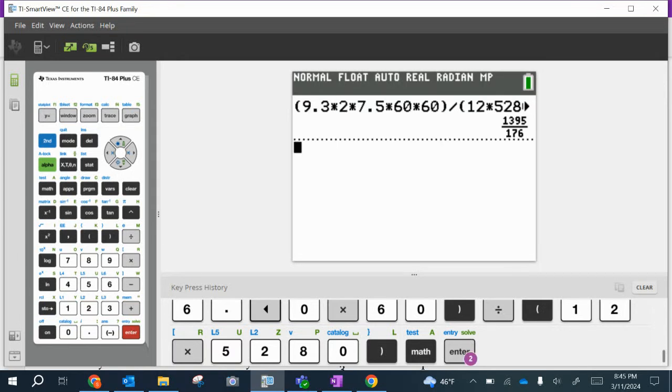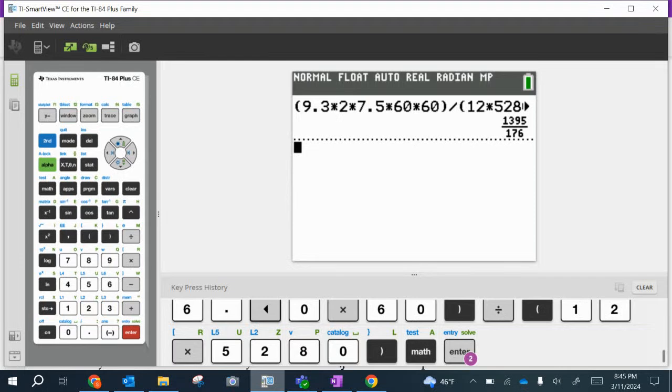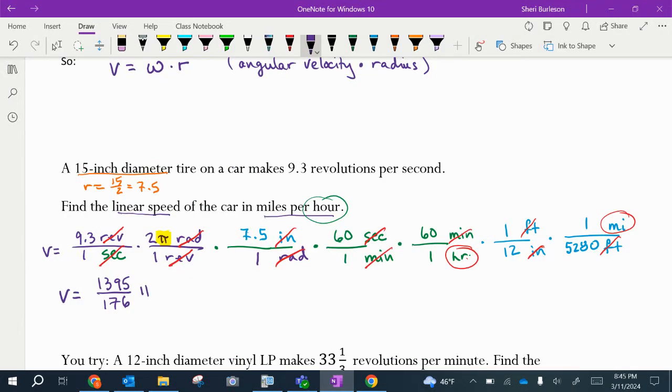What my calculator will do is it will write that answer as a fraction if possible. So my exact velocity is going to be 1,395 over 176. Did I remember that correct? Yes. Pi. I can't forget the pi. Miles per hour. That is the exact miles per hour that this car was traveling.